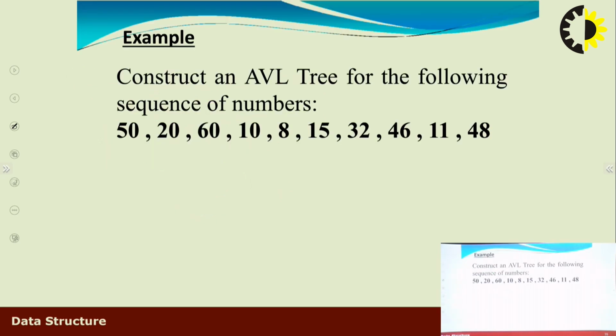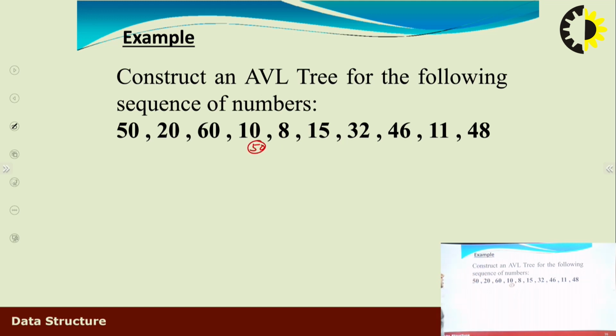Now we will take one more example. In this example, we have to construct an AVL tree, and we have to insert these values in the following sequence. So first of all, we have to insert 50.